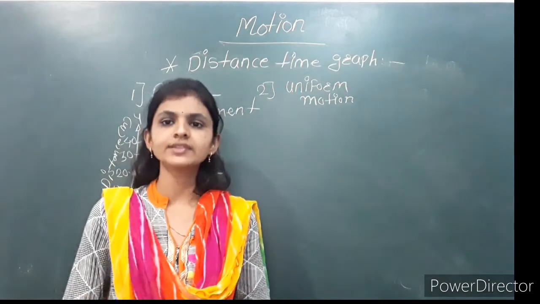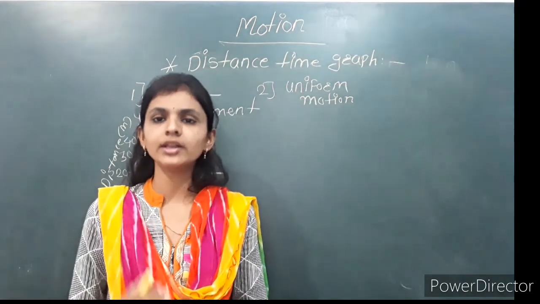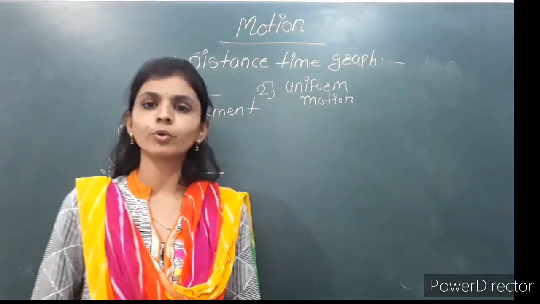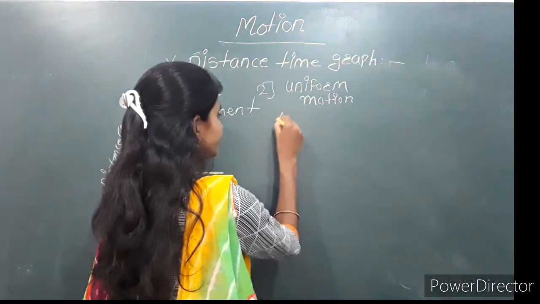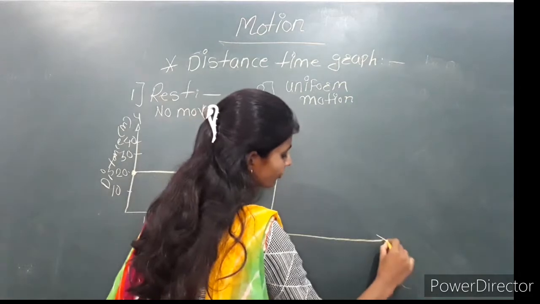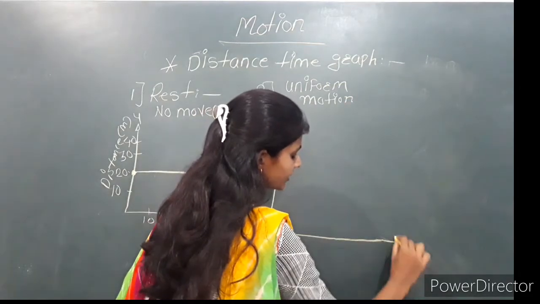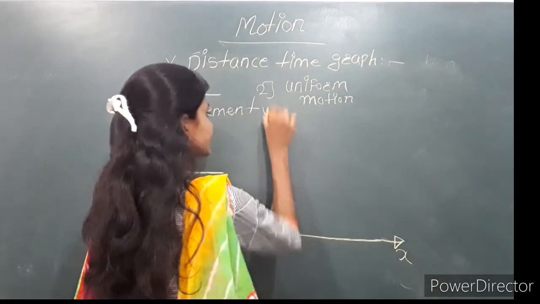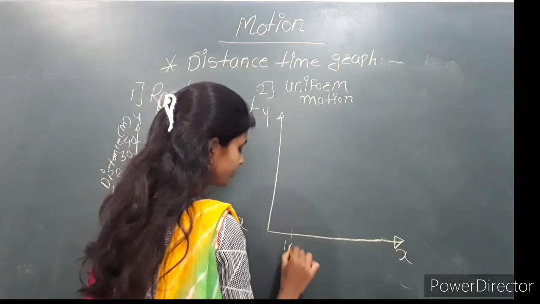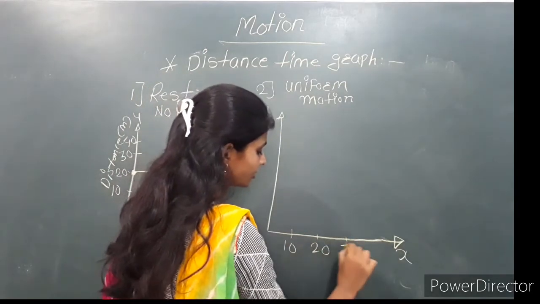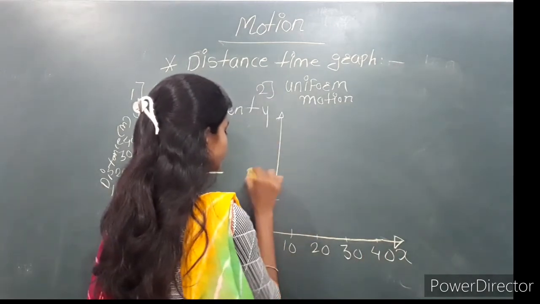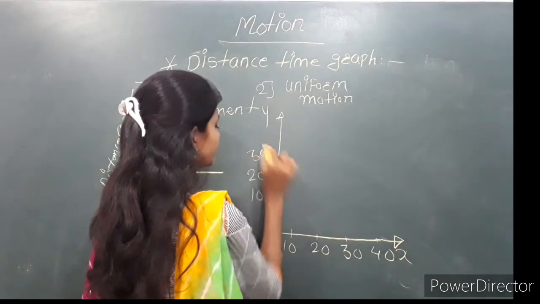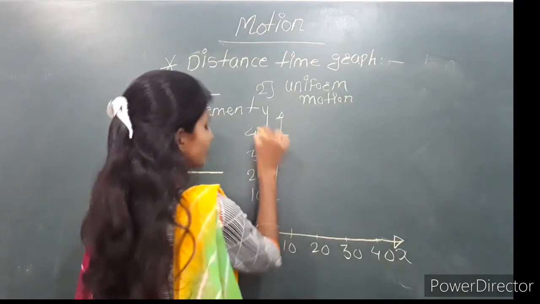Along the x-axis I am going to represent the time, and along the y-axis distance. Time intervals 10, 20, 30, 40, and again 10 meter, 20 meter, 30 meter and 40 meter.